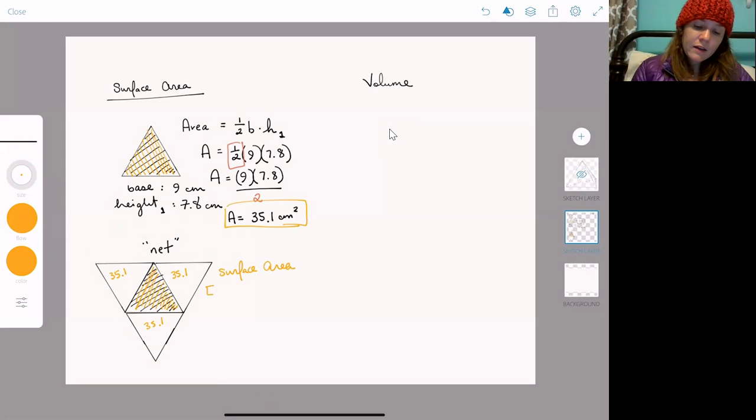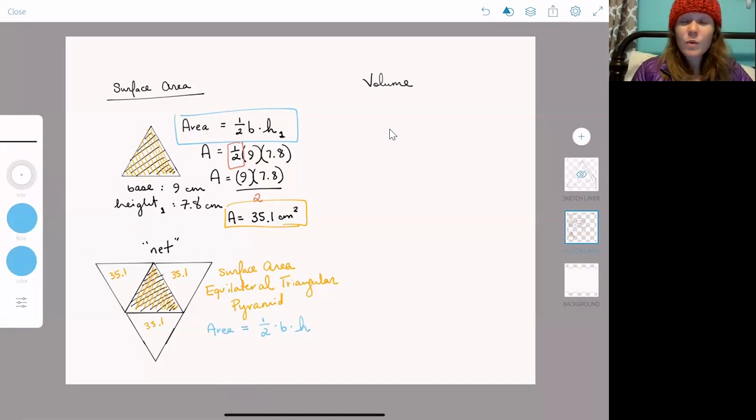So really, to find the surface area of my equilateral triangular pyramid, what we would really do is we would just take this equation and we would multiply it by 4 because there are 1, 2, 3, 4 triangles.